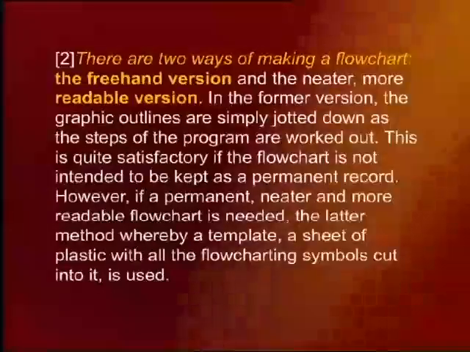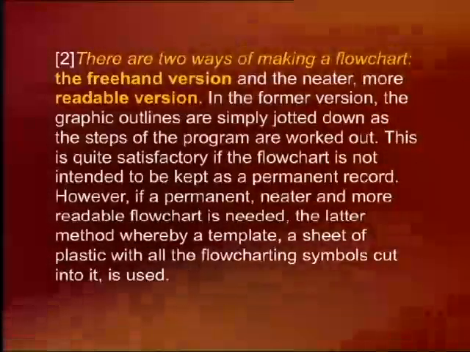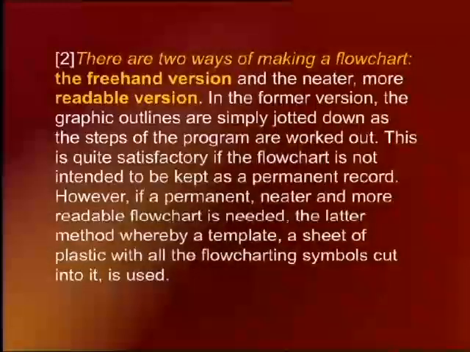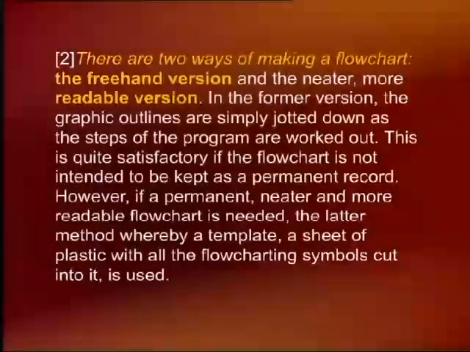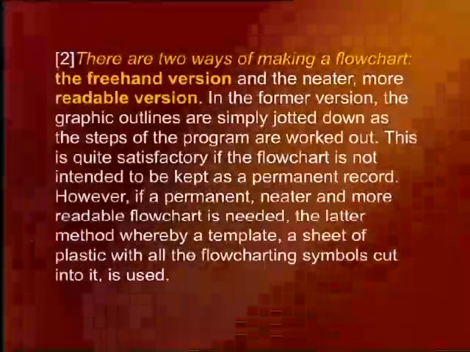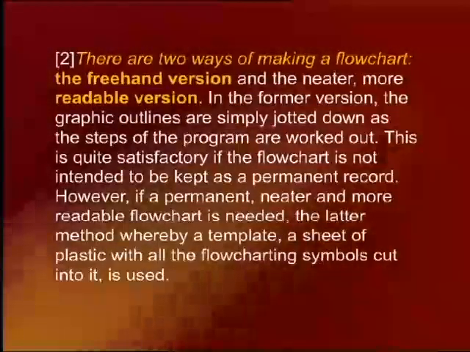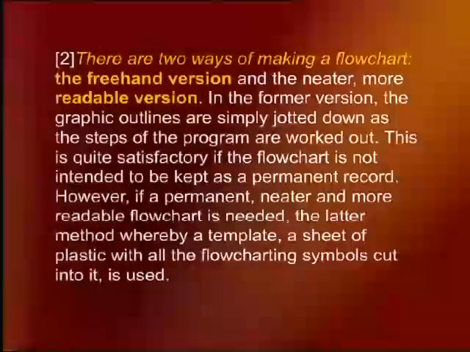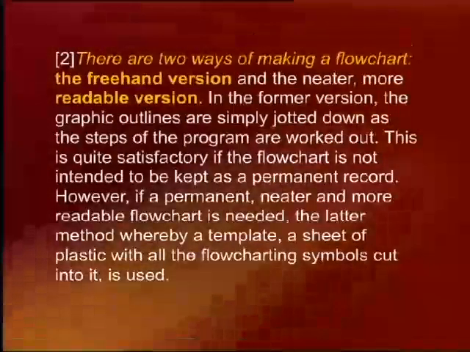There are two ways of making a flowchart: the freehand version and the neater, more readable version. In the former version, the graphic outlines are simply jotted down as the steps of the program are worked out. This is quite satisfactory if the flow chart is not intended to be kept as a permanent record.